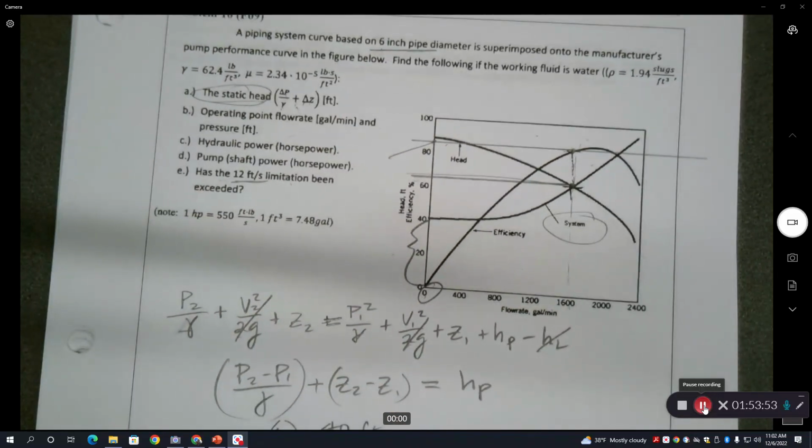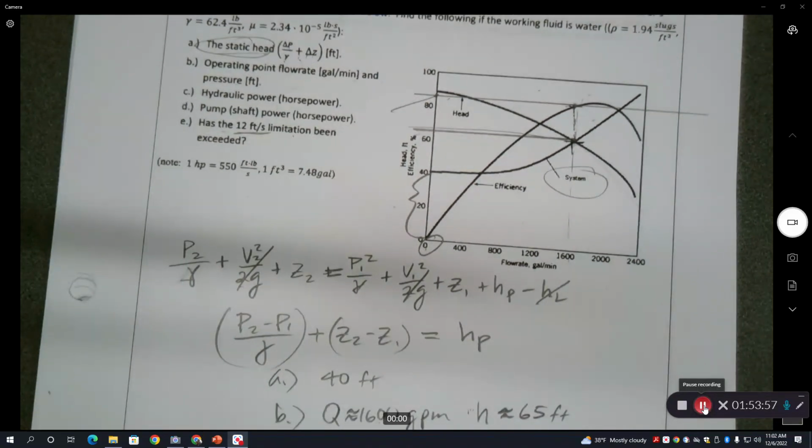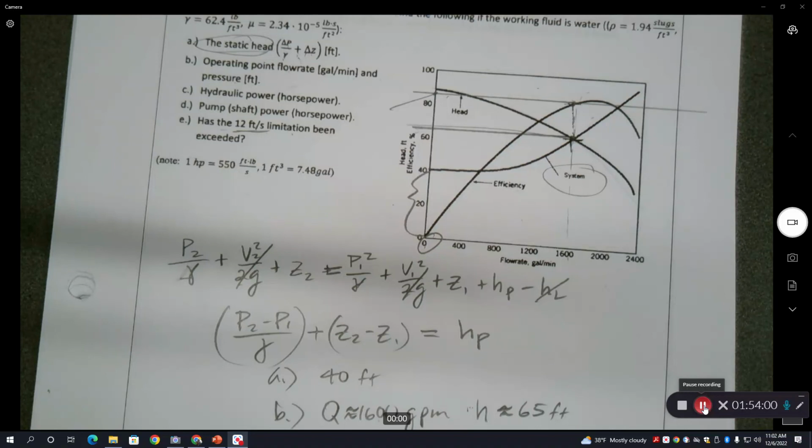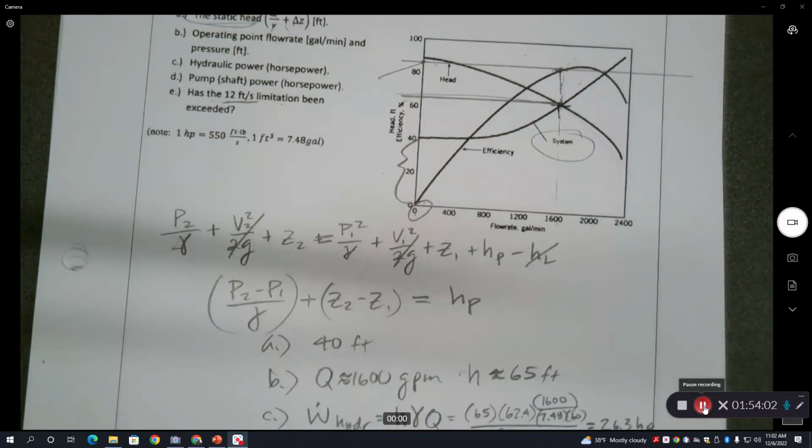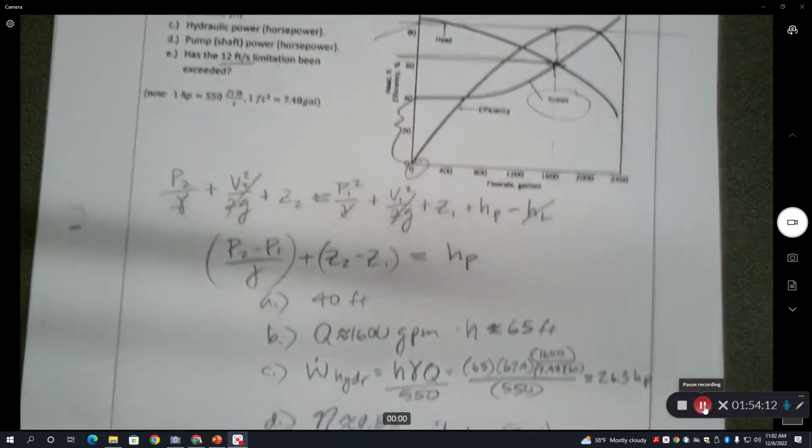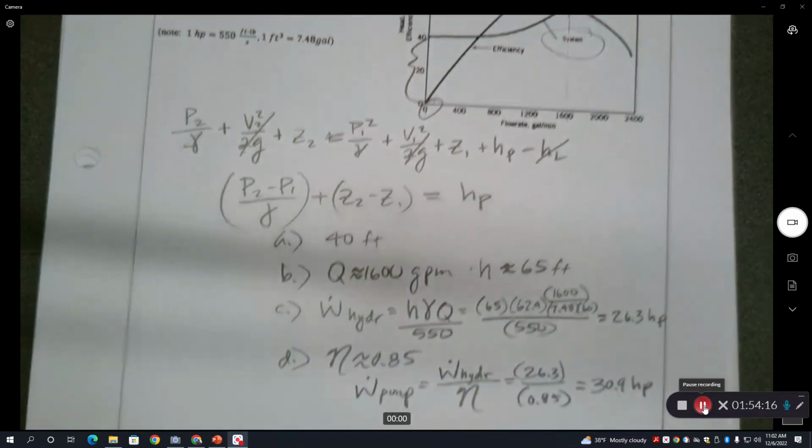There's a rule of thumb guidance when it comes to pipe sizing that I don't think I ever brought up in this class. I vaguely recall that there's guidance in one of the pump books that says don't go above about 12 feet per second when selecting a pipe.